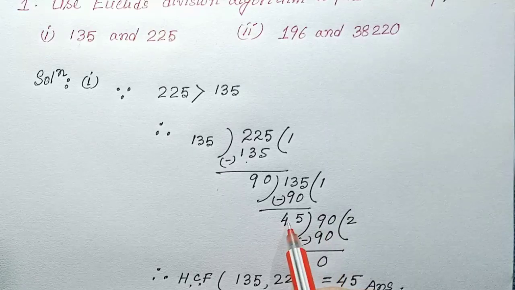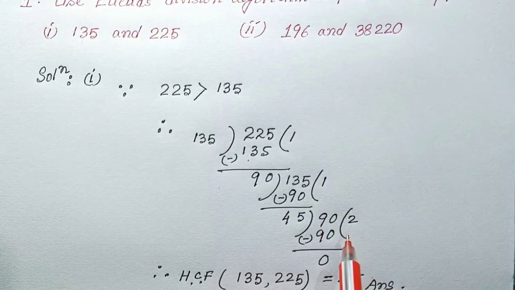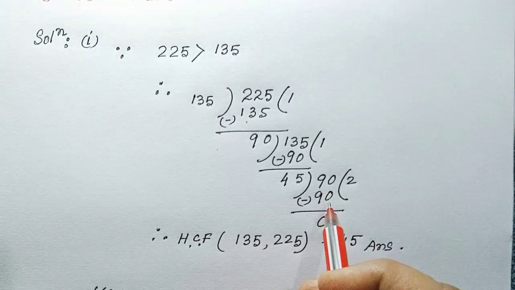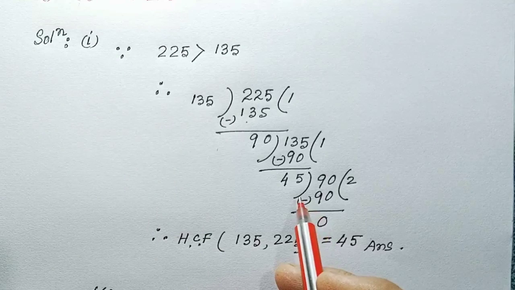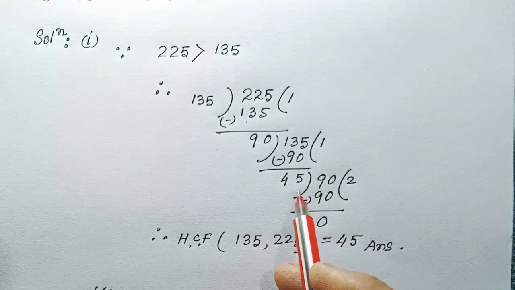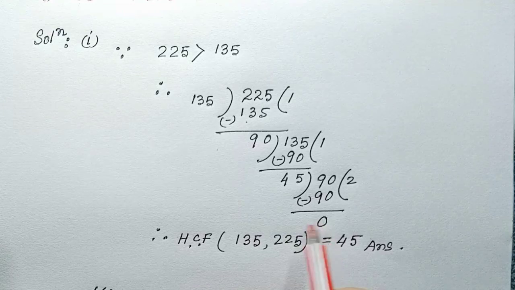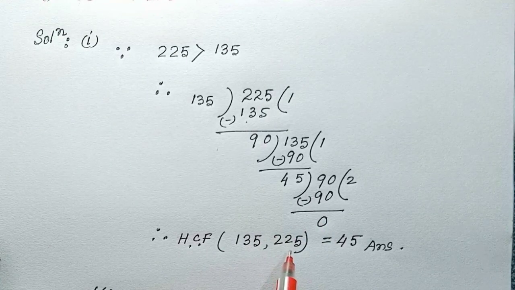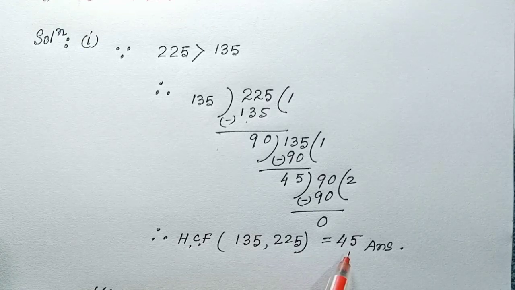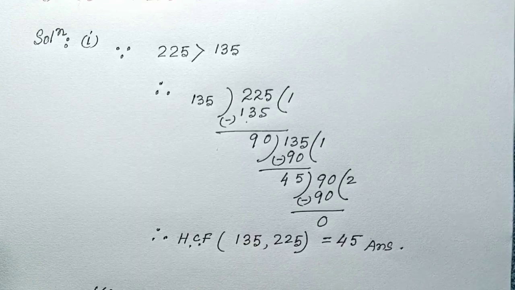So 45 will go in 90 how many times? 2 times. So we write 90, and 90 minus 90 is equal to 0. After dividing 90 by 45, we get the remainder equal to 0. That is why the HCF of 135 and 225 is equal to 45, which is our answer.